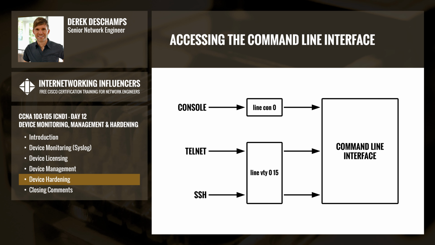The console port connects through a terminal line called line con 0, while both Telnet and SSH connect through virtual terminal lines, also referred to as VTY lines, which are numbered from 0 to 15.